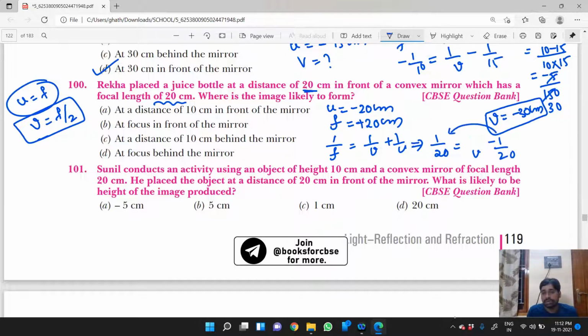This 1 by 20 will go to that side. So 1 by v is equal to 1 by 20 plus 1 by 20, which is 2 by 20, that is 1 by 10. So the image distance is positive 10. It indicates it lies behind the mirror. So 10 centimeters in front is wrong; the correct answer is C, 10 centimeters behind the mirror.